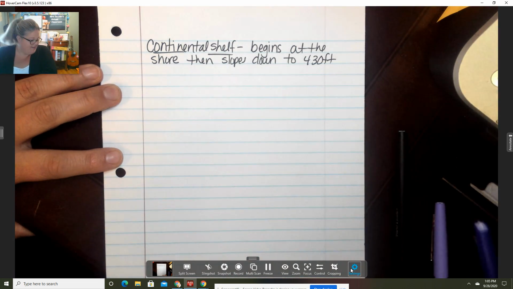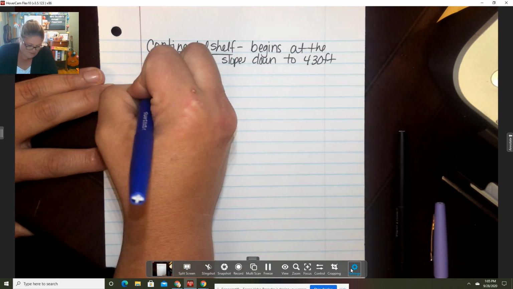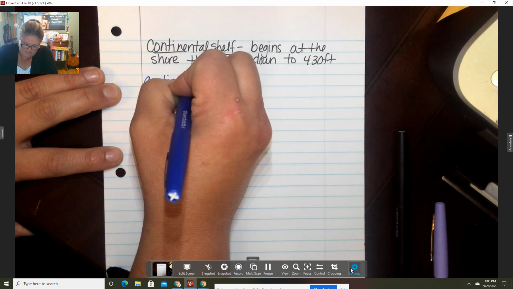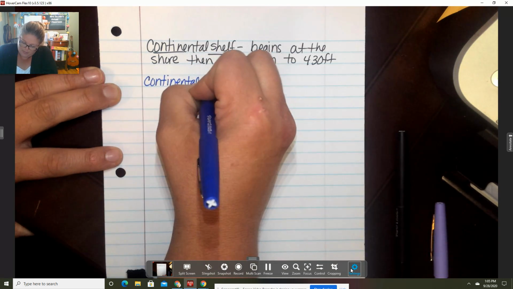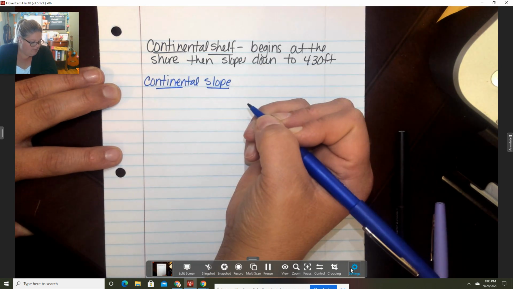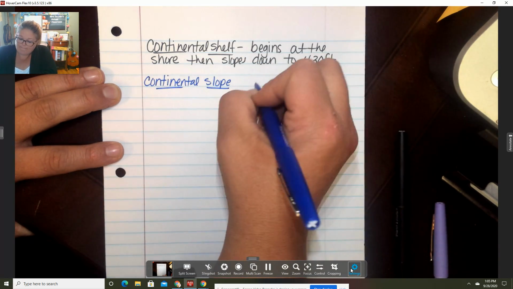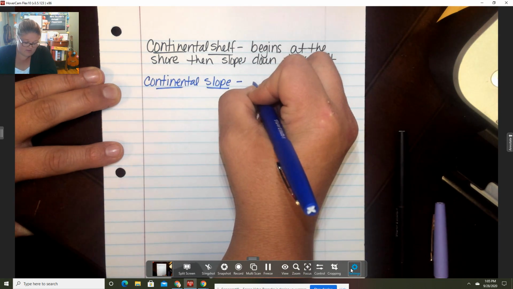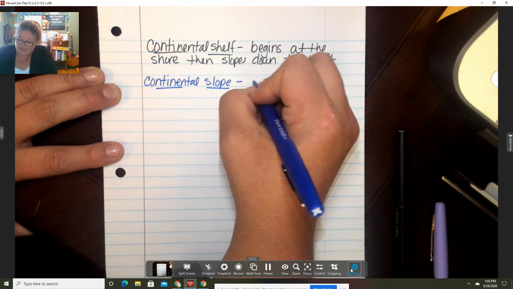Okay, then we're going to have the continental slope. And this plunges from the continental shelf down about over 2 miles.